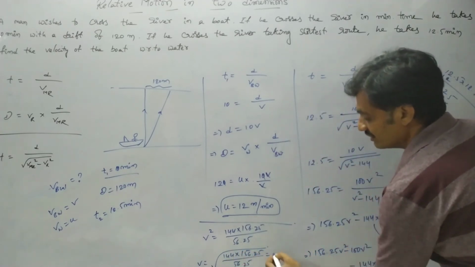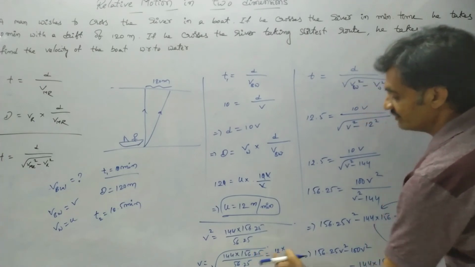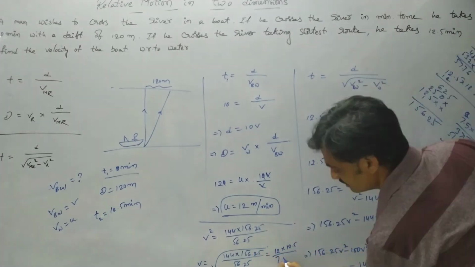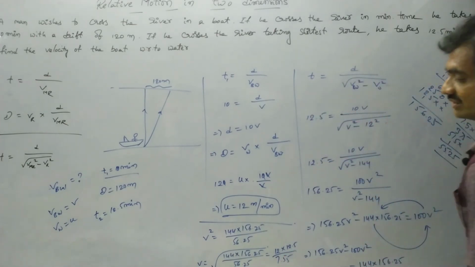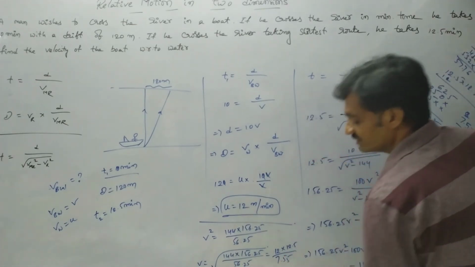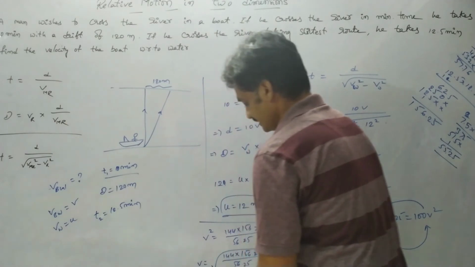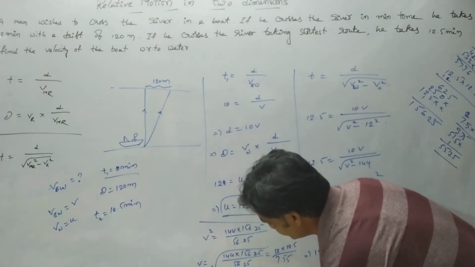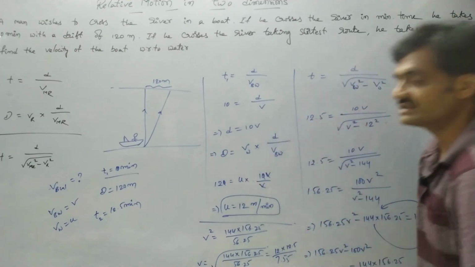And we know that under root of 144 is 12 and root of 156.25 by 56.25 is 12.5 by 7.5. So on solving this, here we get v is equal to 20 meter per minute.